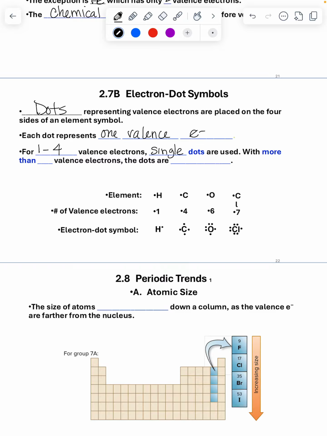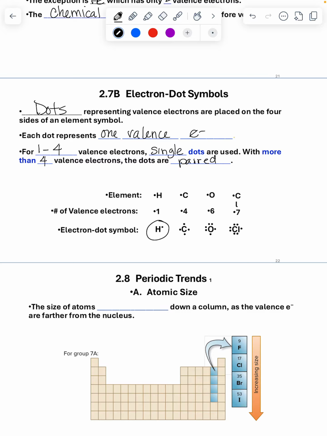Here's a few examples for you. You see hydrogen. Hydrogen has 1 valence electron, so it only has 1 dot. Carbon has 4 valence electrons, so notice there's a dot on each of the 4 sides of carbon. And then oxygen here, this is the first one that has more than 4.